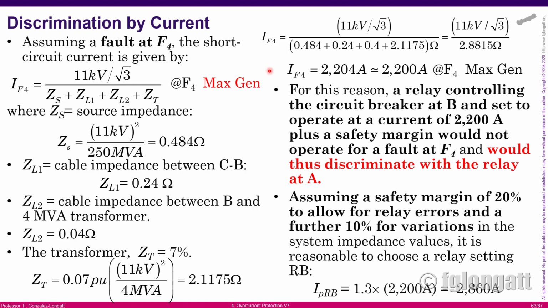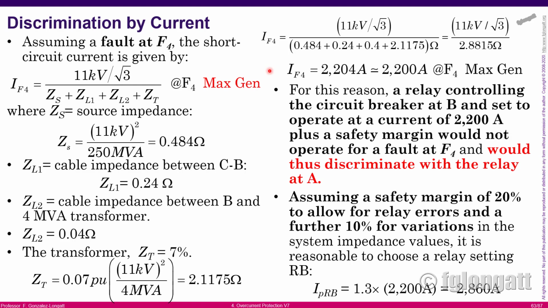If we assume 20 or 30% of error on the relays, and also if we include variations on the impedance, that means that the settings of the relays must change and must adapt when we are using different short circuit levels inside your system.